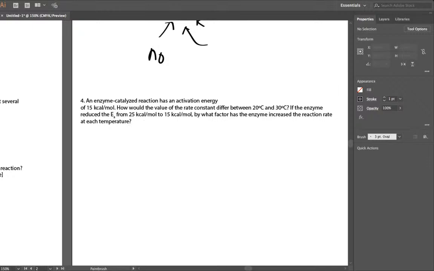How would the value of the rate constant differ between 20 degrees Celsius and 30 degrees Celsius? If the enzyme reduced the activation energy Ea from 25 kilocalories per mole to 50 kilocalories per mole, by what factor has the enzyme increased the reaction rate at each temperature?